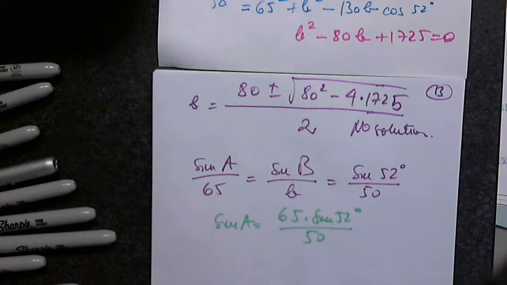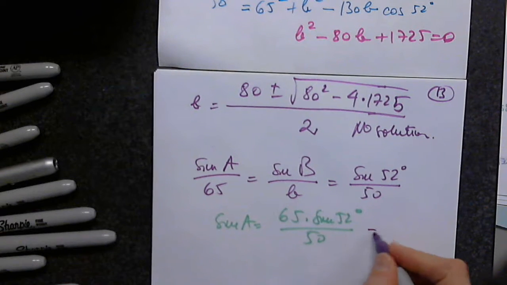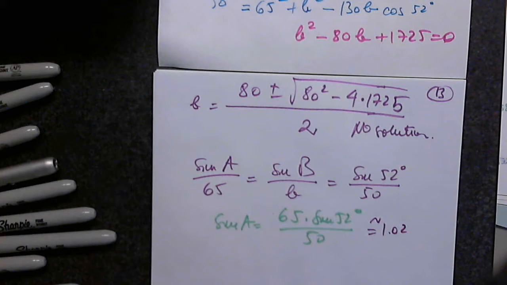So that's why, depending on the problem, I cannot give a recipe that works in all situations. But since this number is 1.02, let's see what happens when I put in sine inverse of this number. As expected, it gives an error.